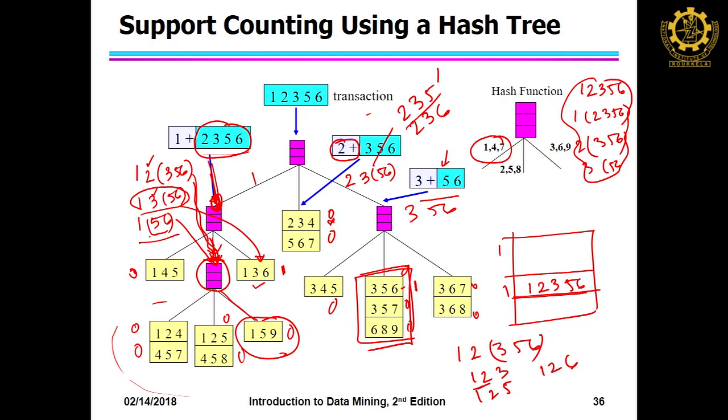For 1 2 3, 1 is already there, 2 is here and 3 is on this side, but there is no 1 2 3. Then 1 2 5 means it will search here, and 1 2 5 is already there, so this will be incremented by 1. Then 1 2 6, 6 means it should come here, but 1 2 6 is not there.